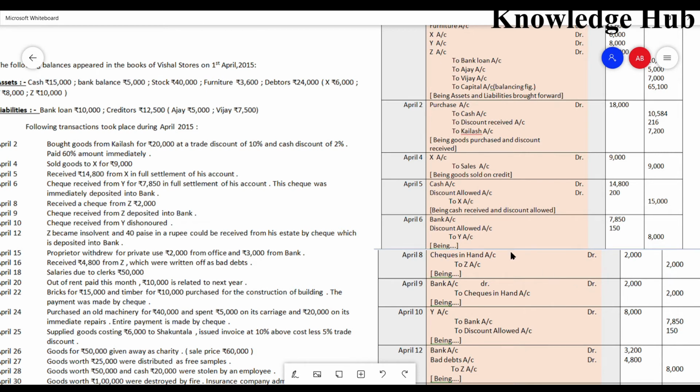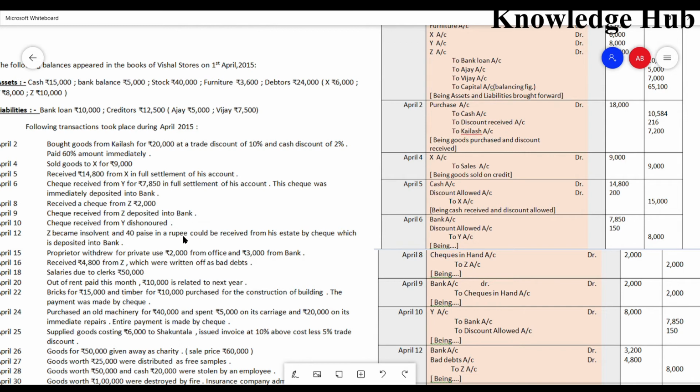So once Z was debited for an amount of rupees 10,000 and later Z was credited for an amount of rupees 2,000, his net balance becomes 10,000 minus 2,000, that is 8,000 rupees. Now what is mentioned in the question is that this 8,000 rupees was not received exactly. What it mentions is only 40 paise in a rupee is received. That means only 40% of this amount is received from him in check.